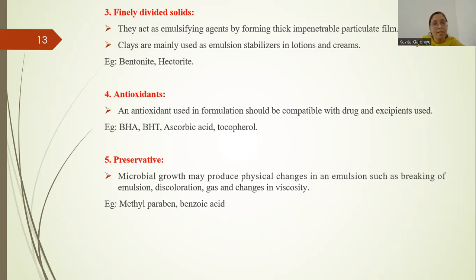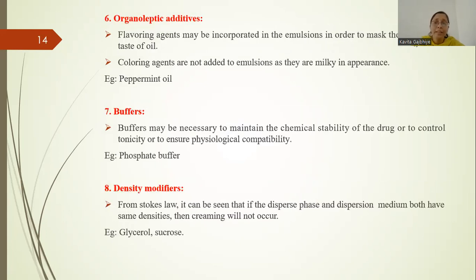The next ingredient is preservative. Emulsion contains water, so there are chances of microbial contamination. So we have to add preservative to avoid microbial growth. Examples of preservatives are methyl paraben and benzoic acid. Now, if you want to increase the palatability and acceptability of your formulation, we have to add organoleptic additives, for example coloring agents, and sometimes flavoring agents.